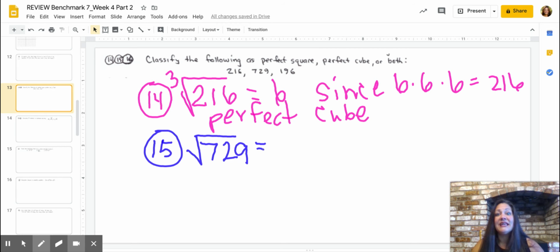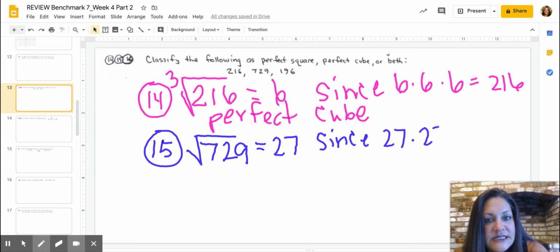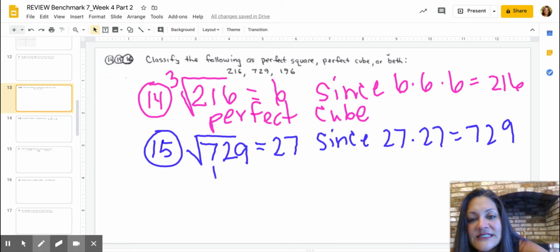Square root is 27. And that would be since 27 times 27 equals 729. So yes, that is a perfect square.